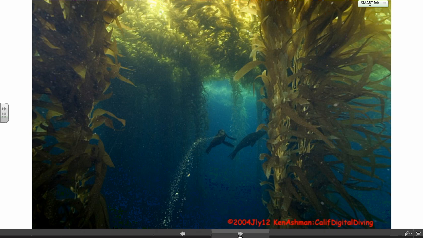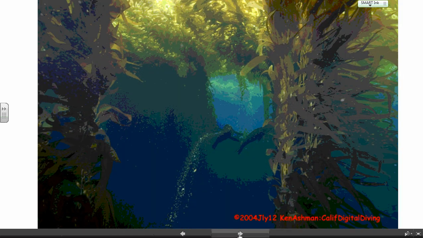Kelp is eaten by people in certain parts of the world, like Japan. A lot of Asian people eat what you might call seaweed, right? It was at one time characterized as a protist, yes. Now I think it's characterized as a plant, but was a protist at one point in time.